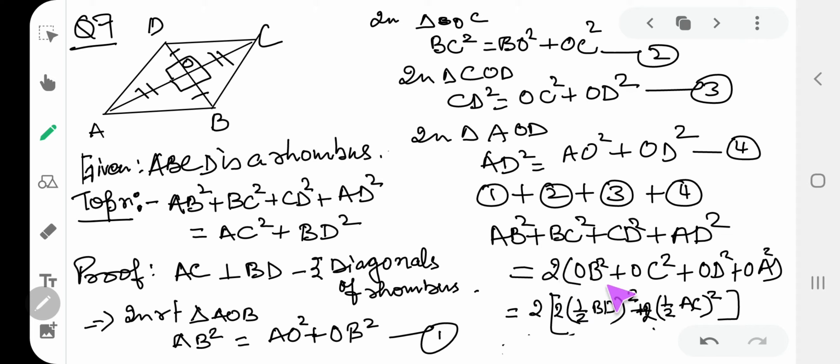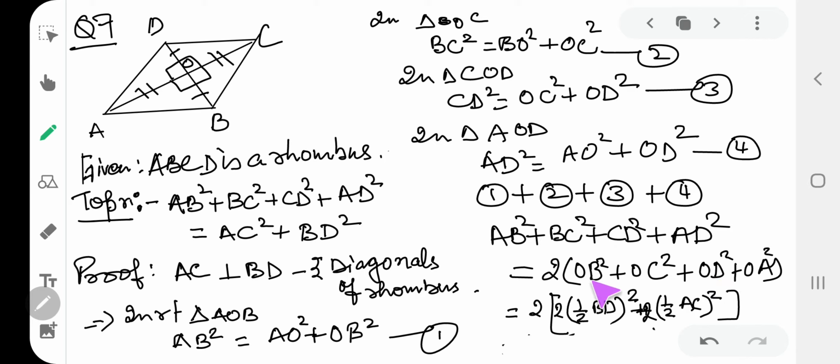Now see children, OB and OD. See in the figure, OB and OD, the diagonal bisect each other. Therefore, OB and OD both are half of BD. So that means in place of OB also, I can write half BD, and in place of OD also, I can write half BD.